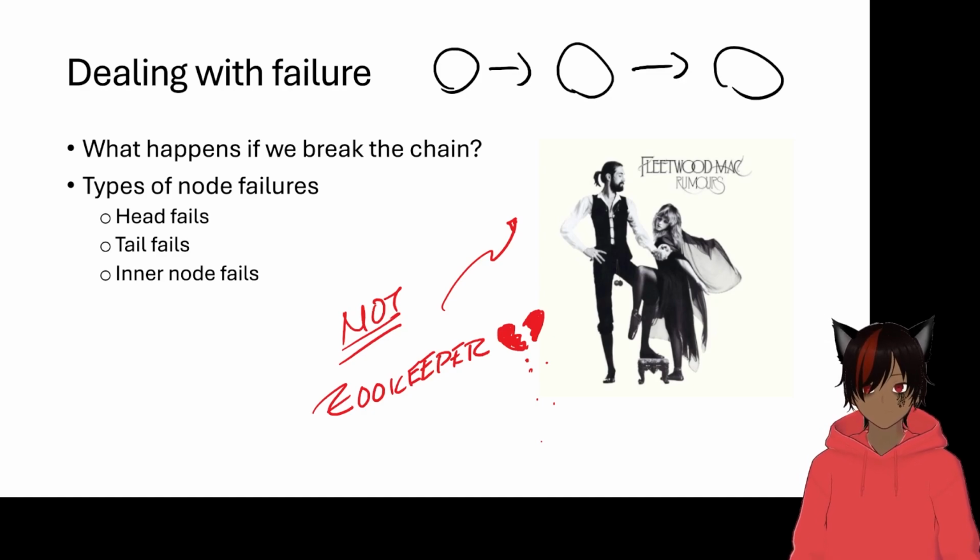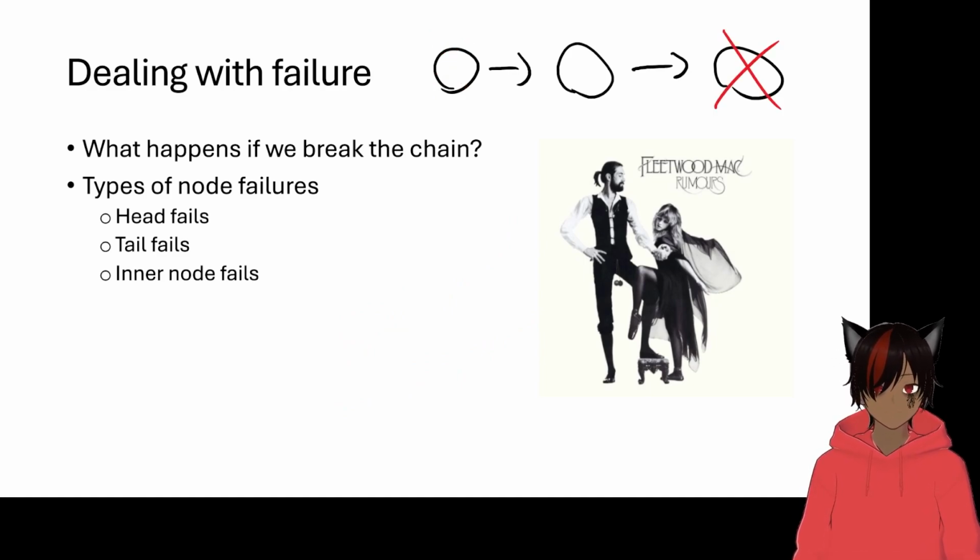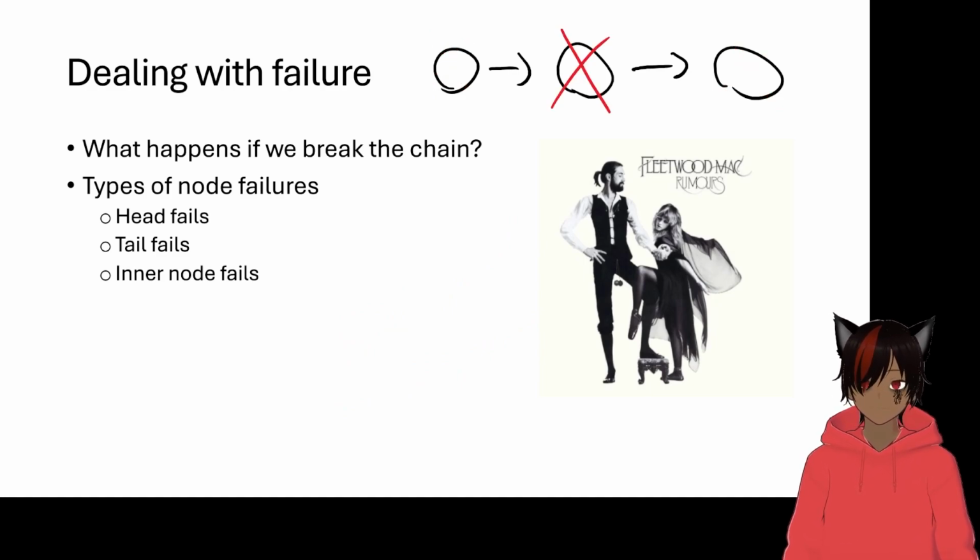How do you actually deal with failure of a chain? What happens if we break the metaphorical chain? Well, we've got 3 different types of failures. We've got head failures, we've got tail failures, and we have internode failures. And each of these has to be handled in a distinct manner because the head and tail are special.